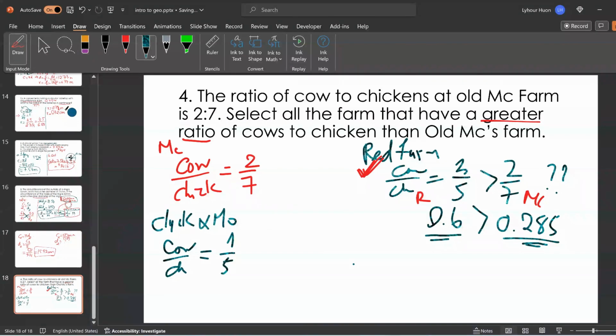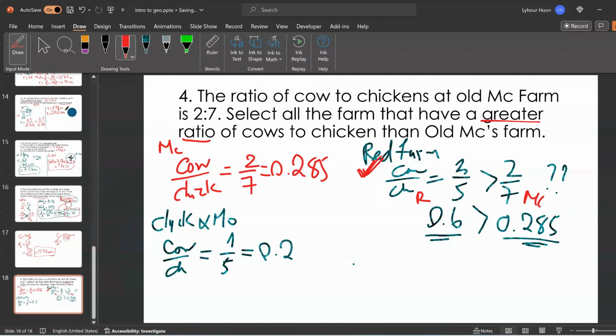So now 1/5 and 2/7, which one is greater? 1 divided by 5 equals 0.2, right? Yeah. 1 divided by 5 is 0.2. And 2/7 is 0.285. So which one is greater?